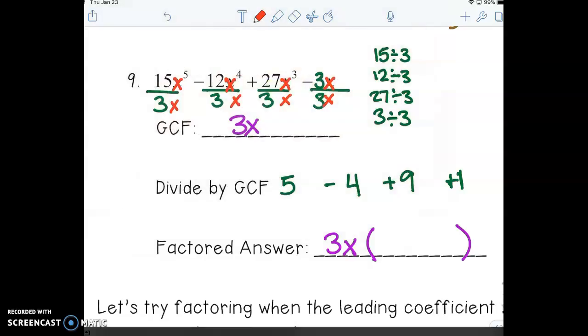So then we're going to go check our x's. X to the 5th divided by x. Are you noticing that if I subtract, I get it?